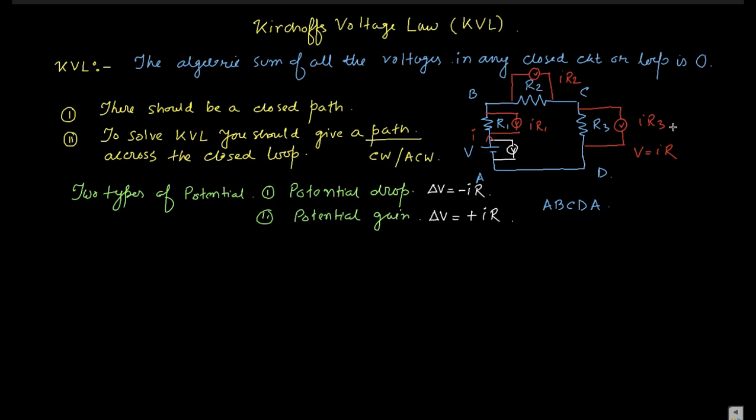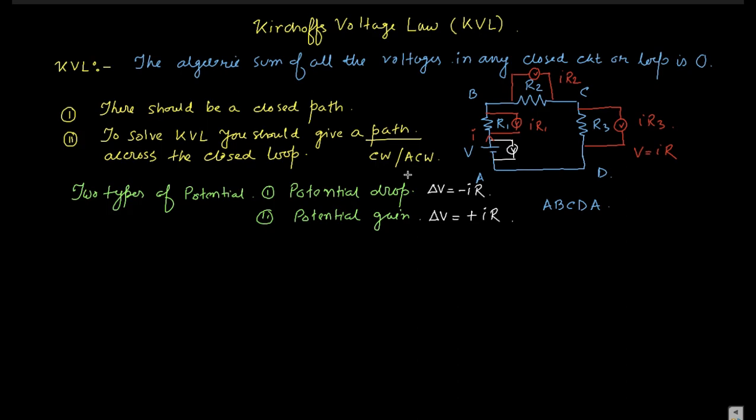Now which one is a potential drop condition and which one is a potential gain condition depends upon the path which you choose. You get one potential drop or gain across the battery, depending upon the path you choose, and for a battery it is very easy to choose.